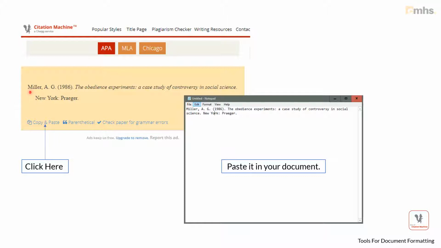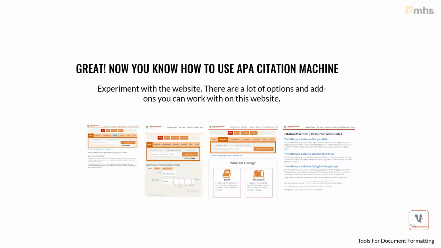Right over here, Miller, A.G., 1986, The obedience experiments: a case study of controversy in social science, and the place information as well. And now I can copy and paste it somewhere, and then I can just paste it in my document. Now, there's a lot of things that you can use Citation Machine for. Just remember that Citation Machine has too many ads on it.